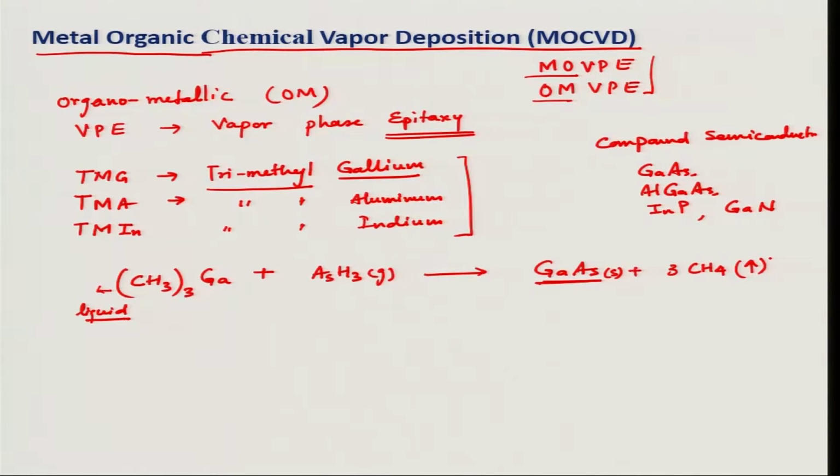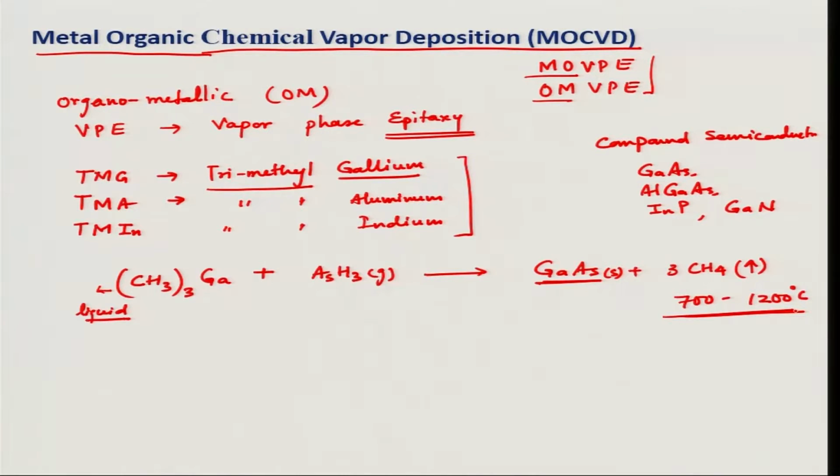Okay. And the reaction temperature for these is of the order of 700 to 1000 degrees C, sometimes even higher. In case of gallium nitride, it has to be slightly higher. So, these are the temperature ranges.